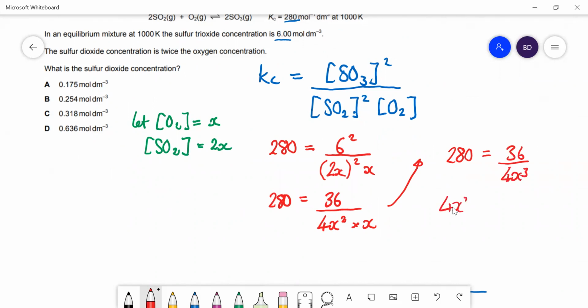Then rearranging, 4x cubed is 36 over 280. That gives us x cubed is equal to 36 over 280 divided by 4. All right, just evaluate x there now.